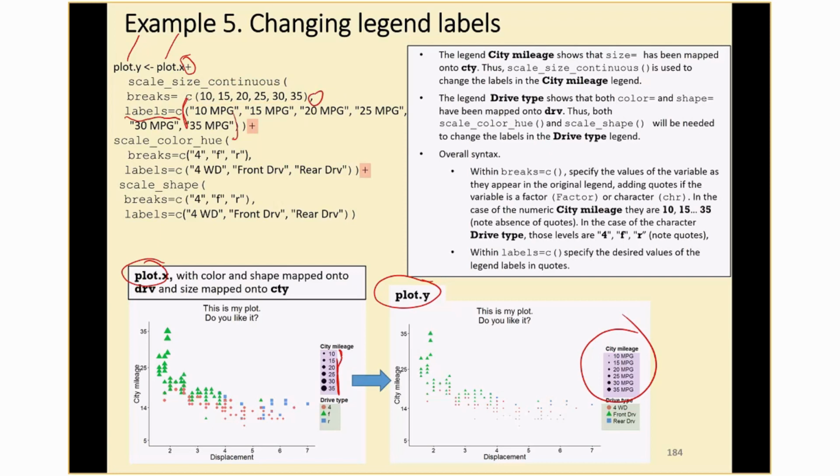And inside that vector, I put in the values that I want, 10 mpg to 35 mpg. One thing to note is that there are no quotation marks here. There are quotation marks here. This is a continuous variable. This is now a character because it involves those words. So that's the first legend.